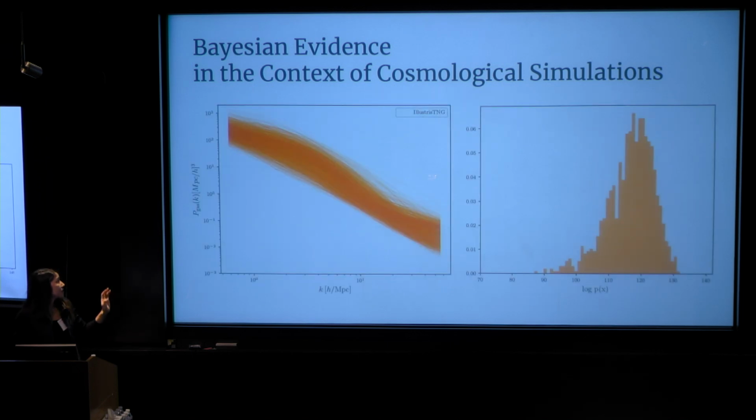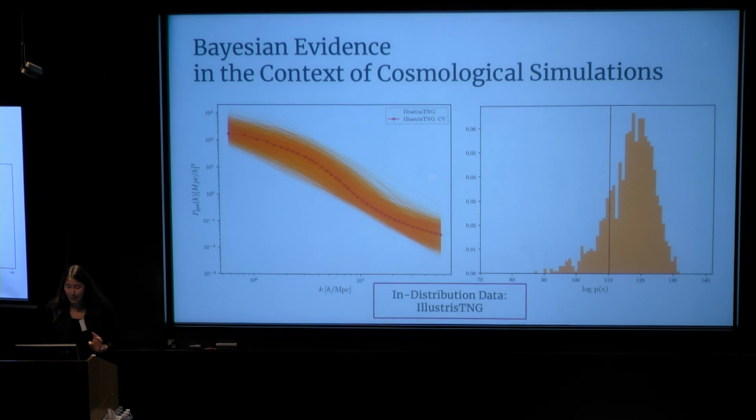So for example, here I'm plotting the power spectra of the gas fields from the IllustrisTNG simulation on the left. And then on the right is a histogram of the evidence of the different samples that I'm plotting over here. So if we're looking at an example of a data point that is in distribution, that could be a power spectrum of gas from another suite of the IllustrisTNG simulations.